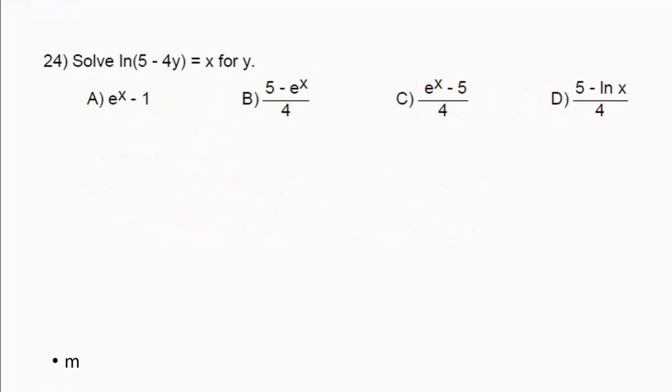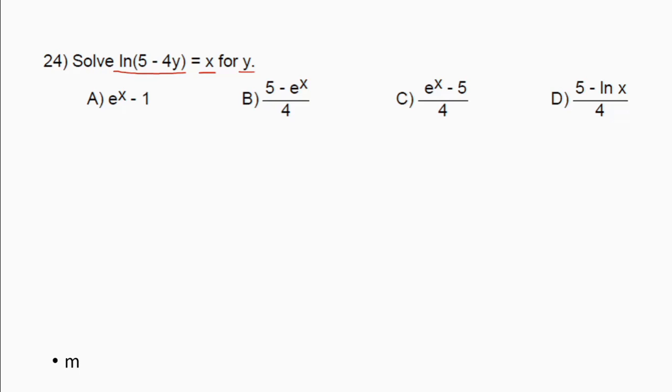Okay. The question is: solve ln of 5 minus 4y equal to x. Solve it for y. The only way we can do that is by raising it as the exponent of e.